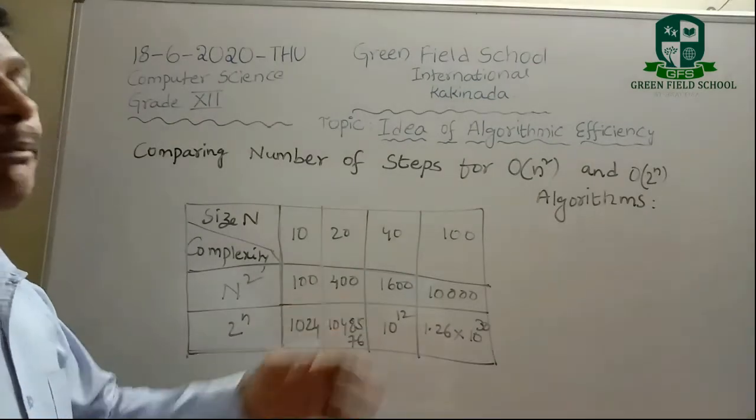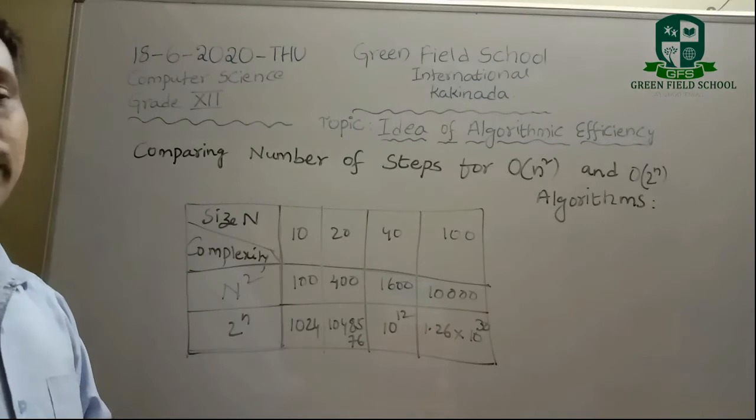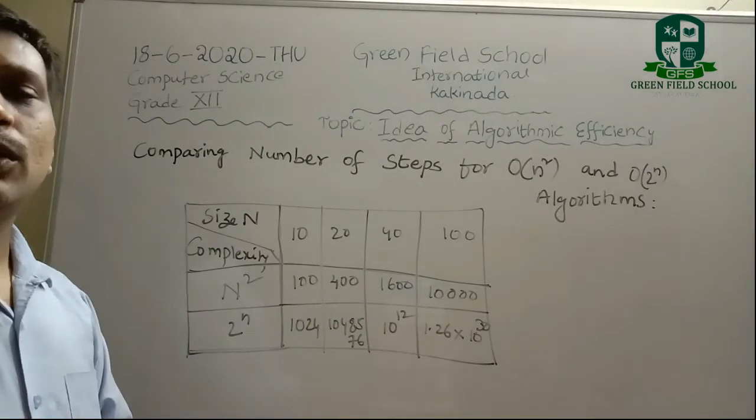Then which one is the best one? We decide by calculating growth rates for input size n. When we increase the input size, we compare these two values for different values of n, and decide which is the best, average or good one according to this growth rate.